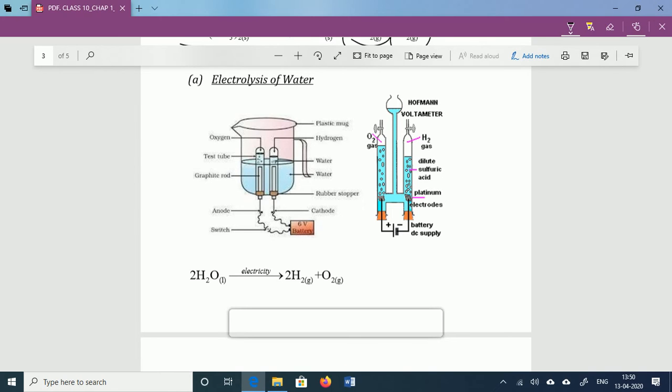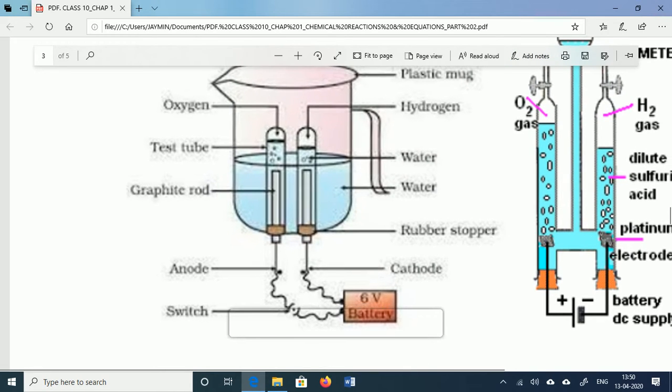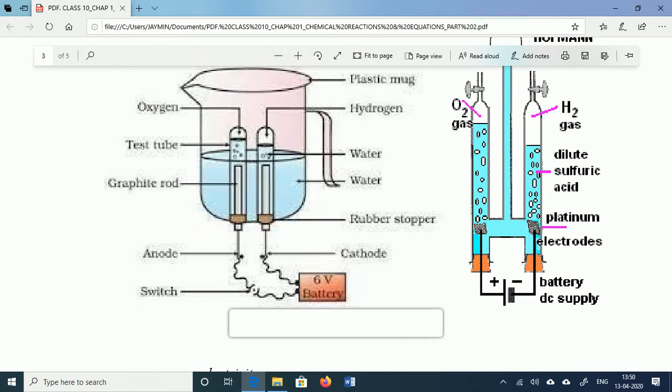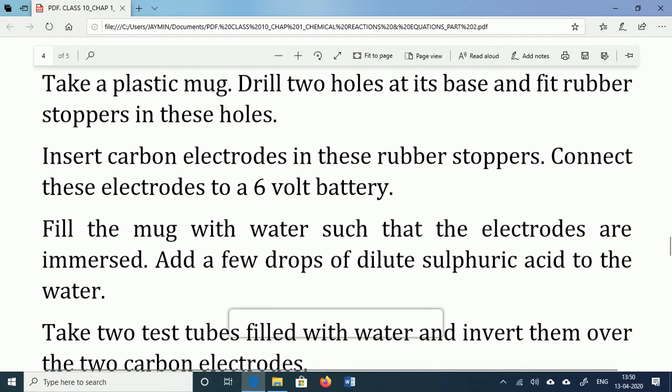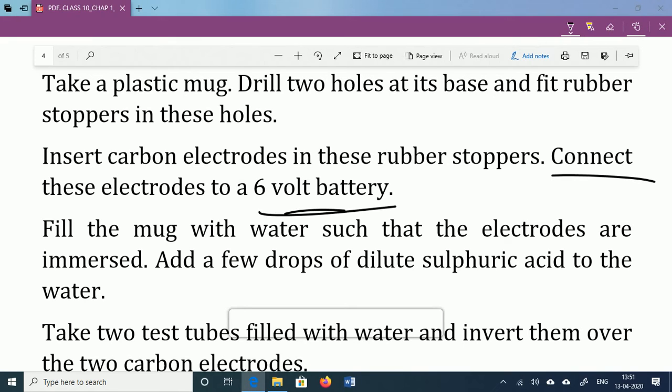Here we can set up a structure with one plastic mug. The process is simple. We take the plastic mug and make two holes at the base. We fit a rubber stopper in each hole and insert a carbon electrode, two electrodes, anode and cathode, into the rubber stoppers, and both electrodes are connected to a 6 volt battery.